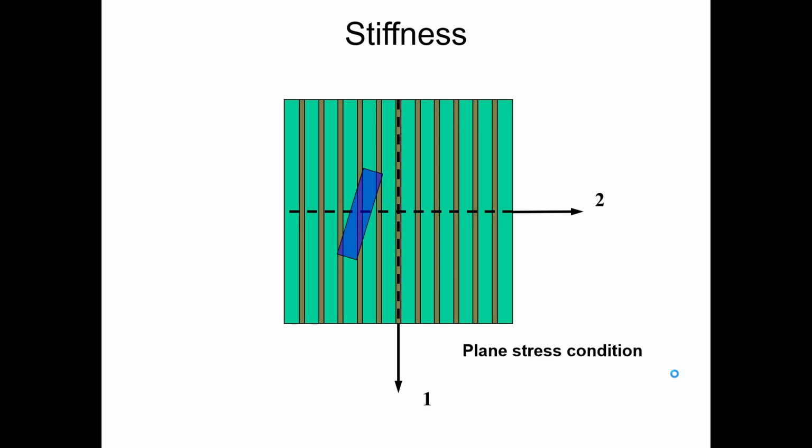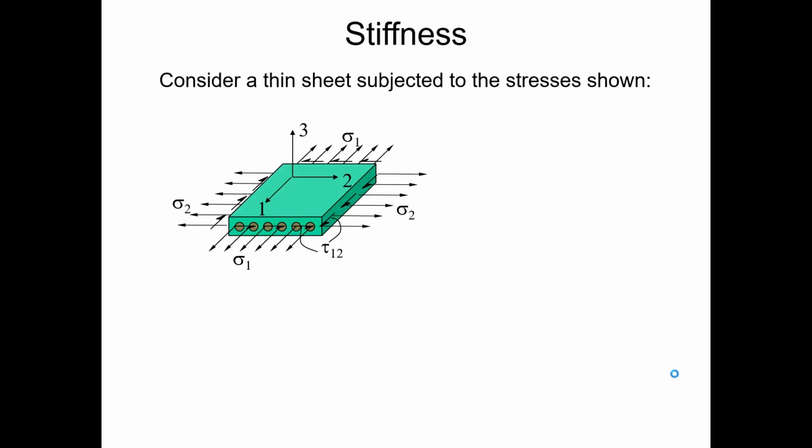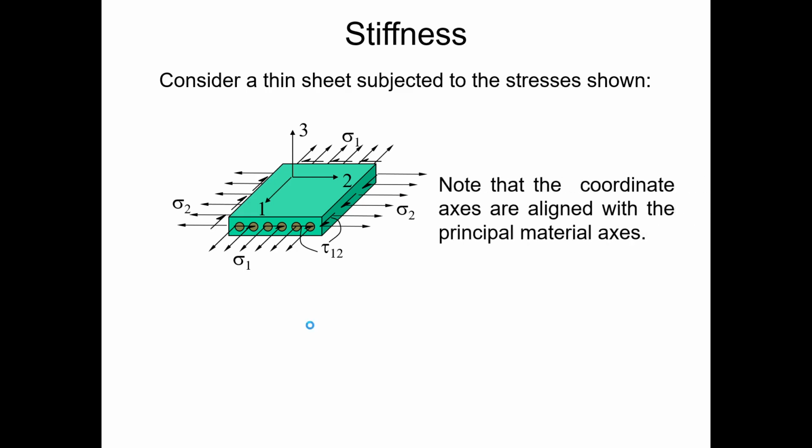Let's consider a plane stress condition where you just have a very thin lamina, subject to the in-plane stress sigma 1 and sigma 2. Note that the coordinate axes are at the moment aligned with the principal material axis.